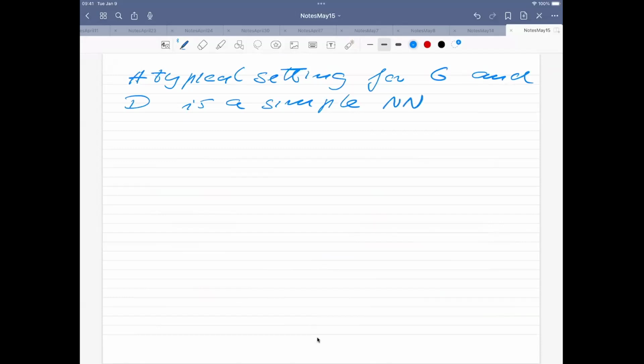So if you look at the architecture of this generator, you could just feed in some noisy data. That means you could set up a Gaussian distribution and generate an image with a Gaussian distribution, or just generate data randomly. And then you would feed that into a neural network. You can decide how many layers you want to have. And at the end, this is going to produce an image.